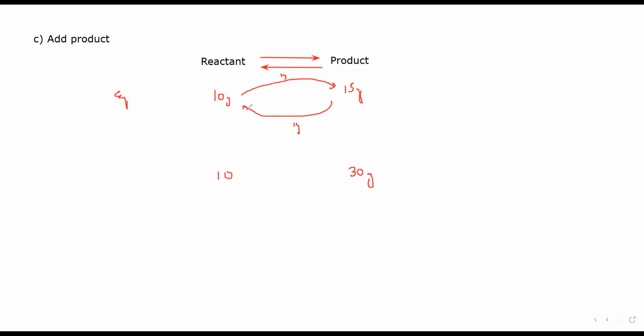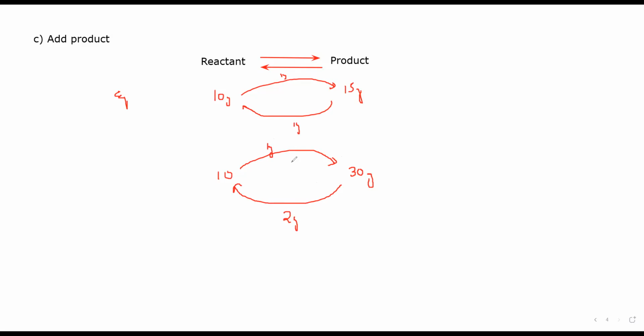So 15 gram was decomposing into 1 gram of reactant. So 30 gram will decompose into 2 grams of a reactant. And the original 10 gram of reactant is still forming 1 gram of a product.